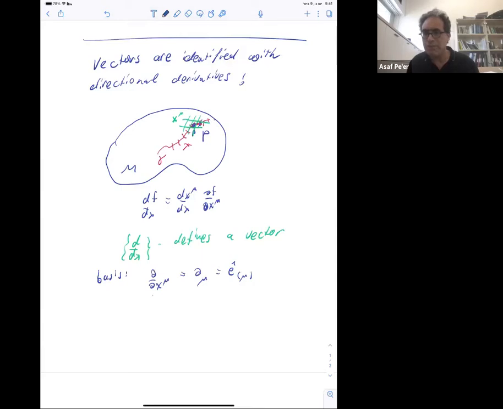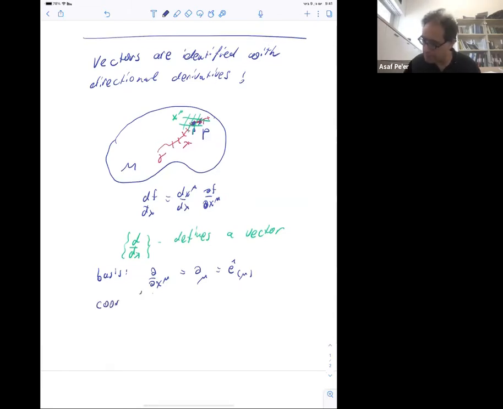It's just a generalization of what we did in flat space-time to curved spaces. This is called a coordinate basis. This is quite general. I didn't even ask the coordinates to be orthogonal to each other. I'm just specifying a set of n coordinates on the manifold. It doesn't have to be an orthonormal basis, just any basis. That's why it's called a coordinate basis.